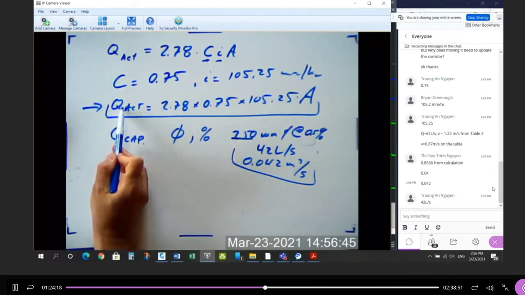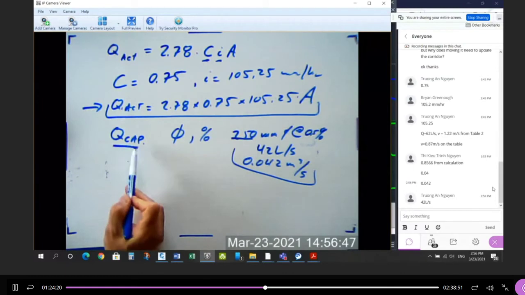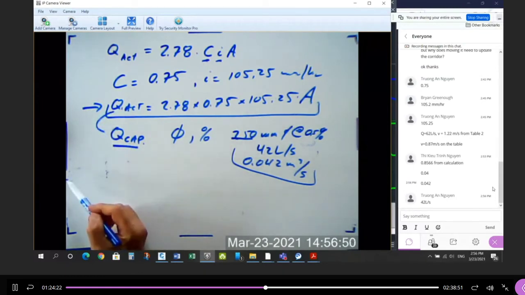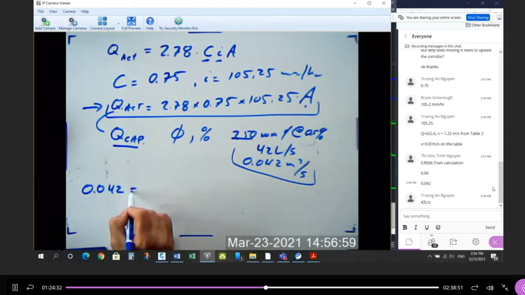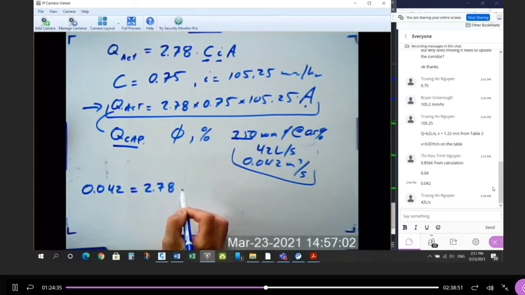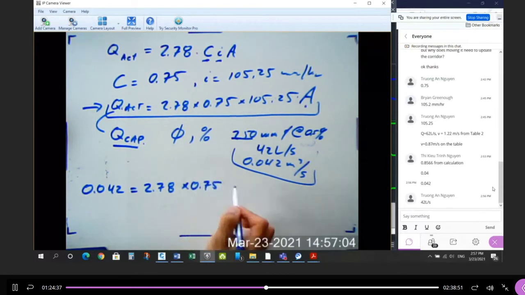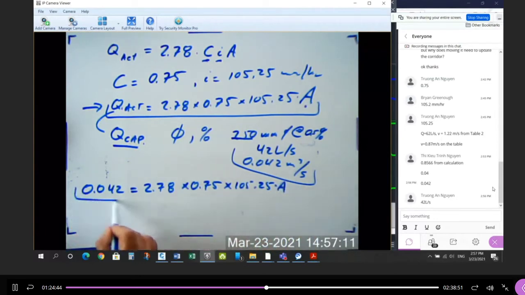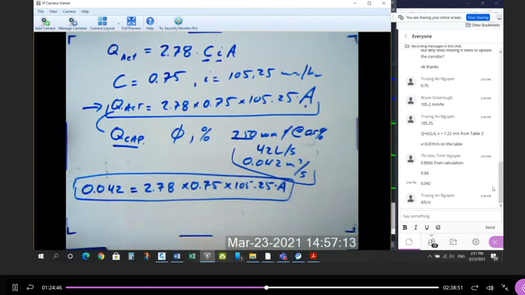I'm going to make the actual flow equal the capacity, and solve for A. So 0.042 cubic meters per second equals 2.78 times 0.75 times 105.25 times A. This gives me the maximum area that you can fit into a 250 pipe at 0.5%.